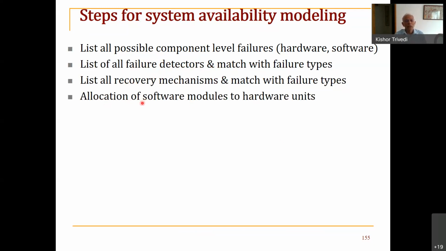We have not here worried about the allocation of software modules to hardware modules. We were told that the SIP proxy is in this node and the WebSphere application server is in this node, etc. We could also change that and make it a decision problem and optimize that configuration and get optimal availability and so on. And after doing all this, we need to formulate the model.